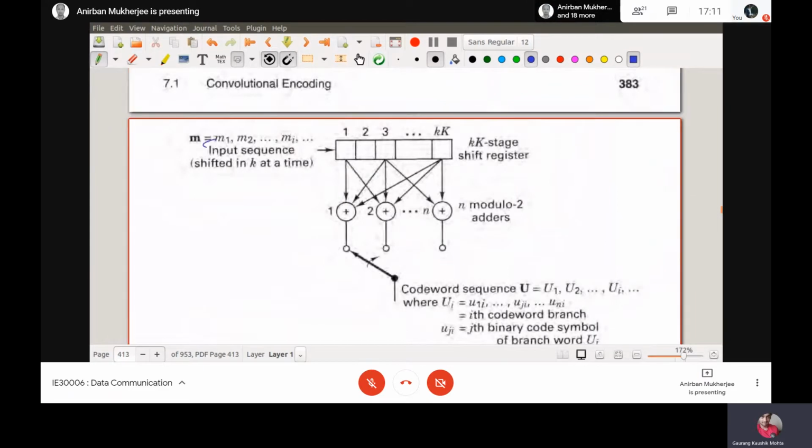Please remember, it is coming in this way. So M1, and all other states are 0. And what it does, this is a modulo 2 adder, that is an XOR block. It has certain connections. That means it is taking M1 XOR 0 XOR this one. Similarly, the second has this XOR and this XOR.